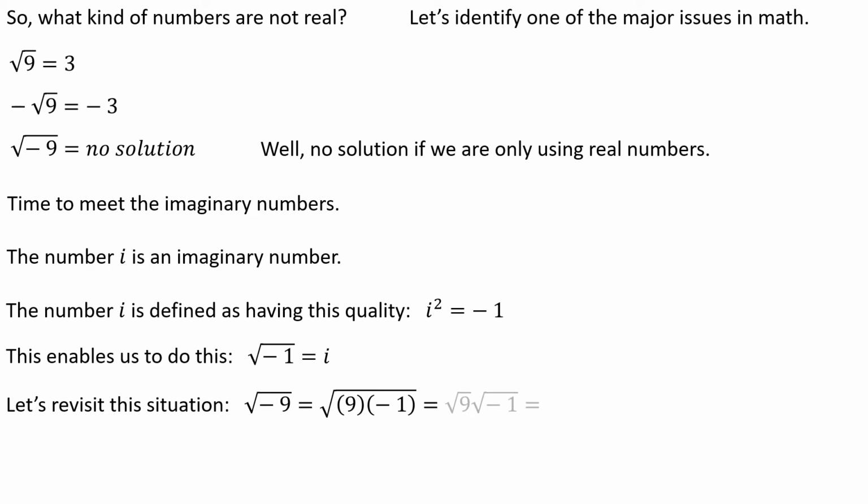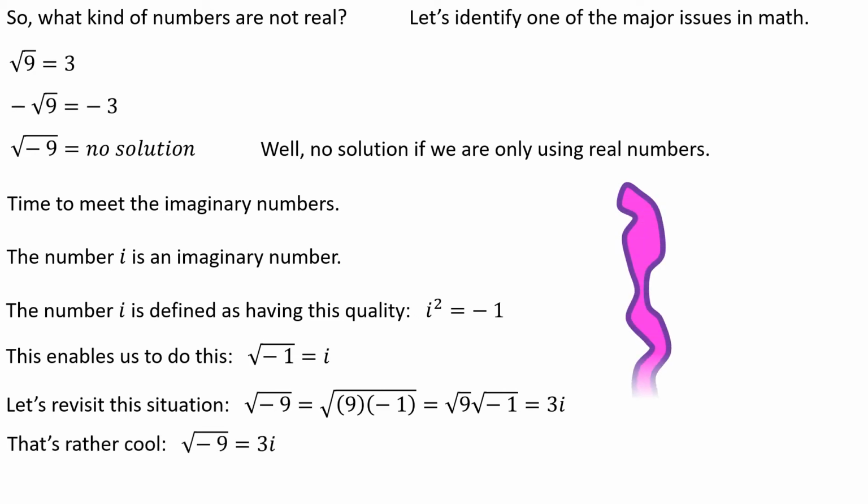Of course, that means I can do the square root of 9 times the square root of -1. Square root of 9, of course, is just 3. And square root of -1 is i. We have an answer now. The square root of -9 is 3i.